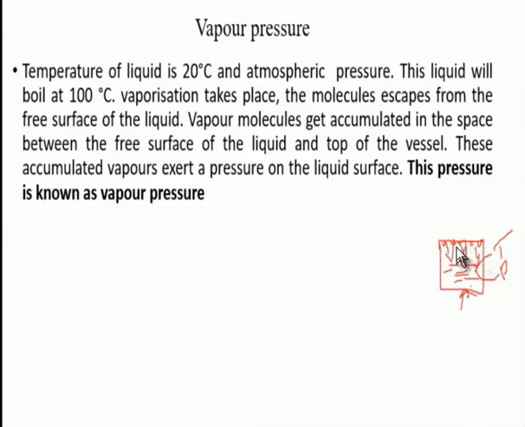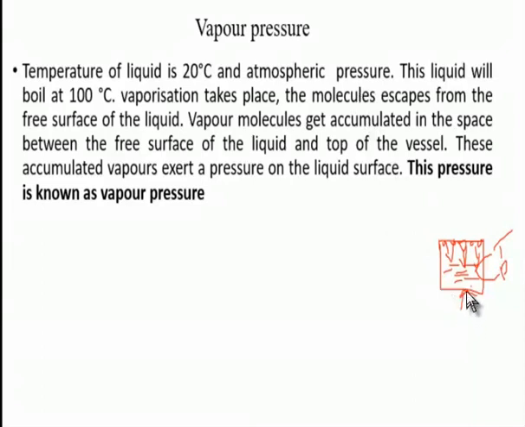So again, these vapors exert some pressure on the liquid surface. Whatever pressure the vapor exerts on the liquid surface is called the vapor pressure. What is vapor pressure? In one vessel we have some liquid maintained at 20 degrees Celsius and at atmospheric pressure.